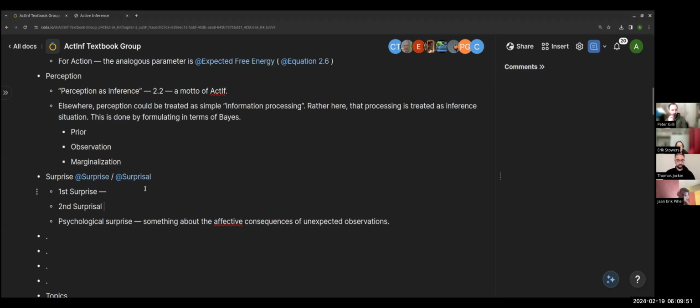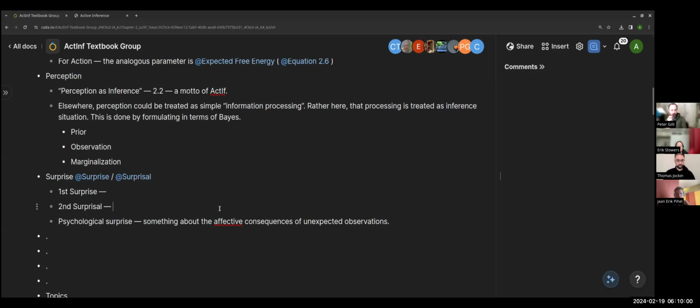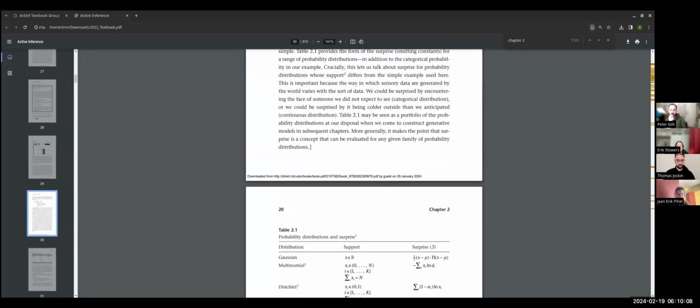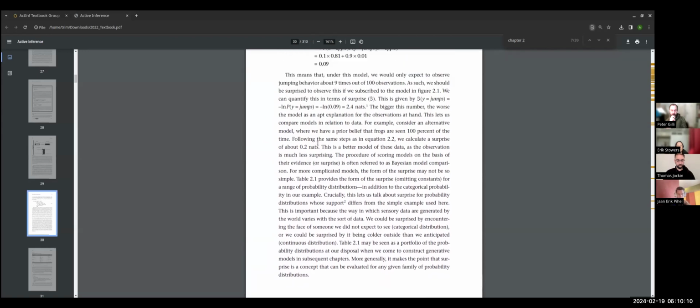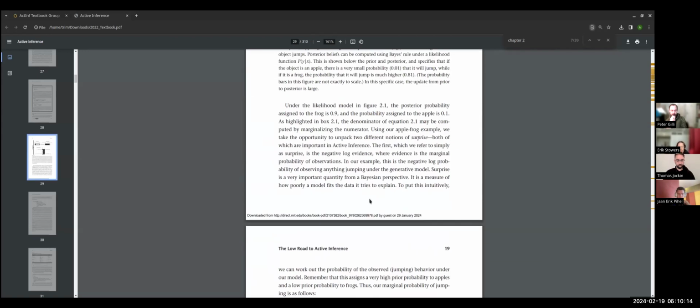But here, when we talk about Bayesian surprise, it's much more formal, and it only describes the degree or the extent of the unexpected event, regardless of how effectively it influences us as human observers or cognitive observers. So it's just basically something very formal and statistical.